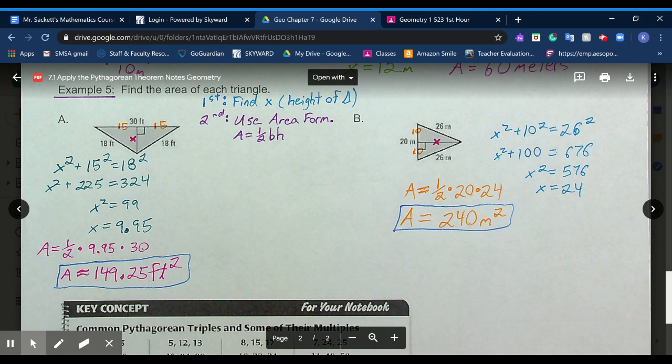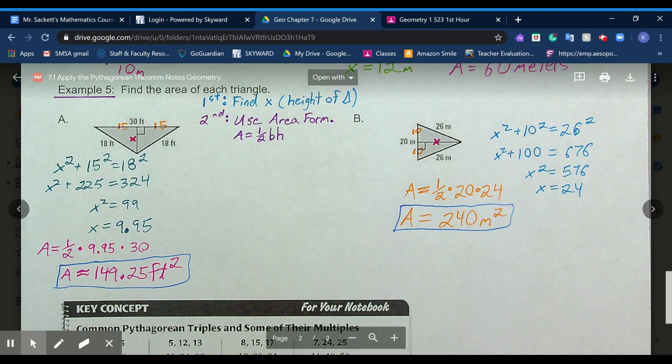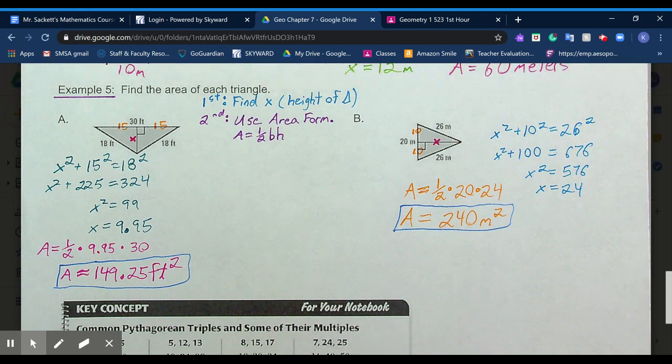The square root of 576 is 24. So to get our area, then we're back to the original base times our height of x. So 20 times 24, and half of that would give us an area of 240 meters squared.